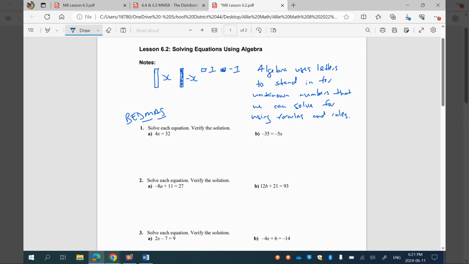But for the first ones, we don't have any addition and subtraction, so we can just jump right to the division. So we want to do the opposite operation that is currently being done to our x, also known as a variable. Maybe I should say that. The letter is called a variable.